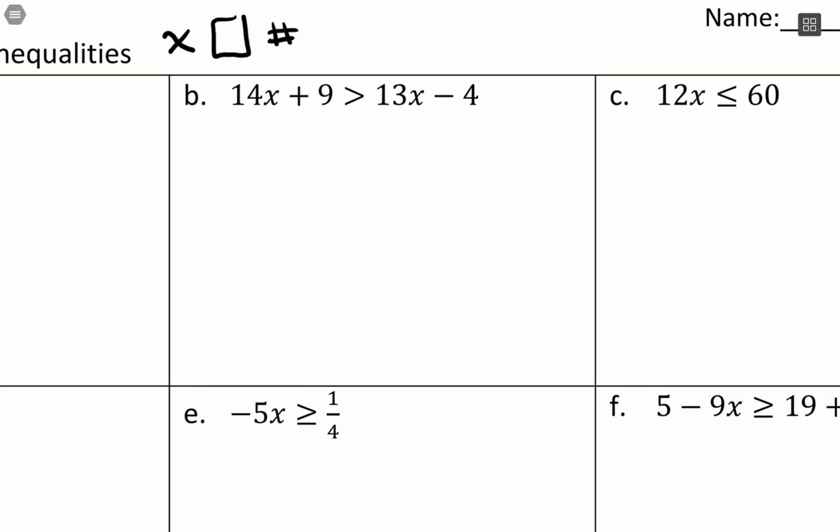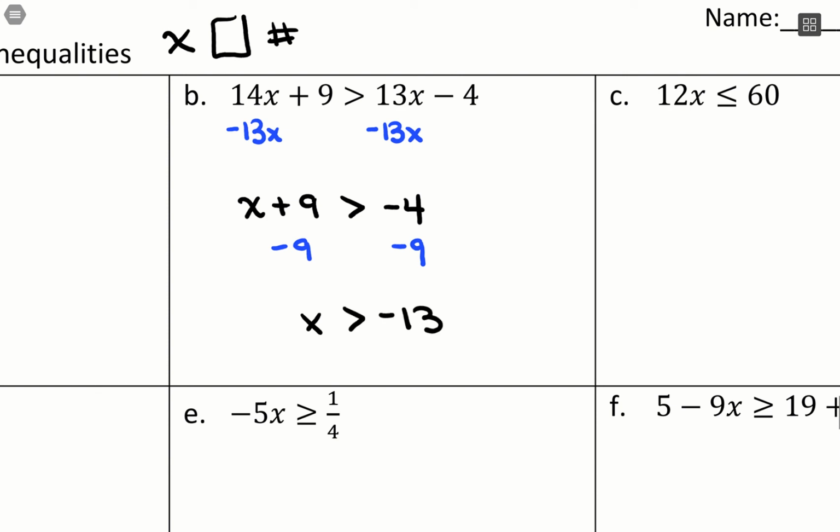With part B, we would move our variables to one side, so subtract 13x from both sides. So that'll leave us with just x plus 9 is more than -4. Then we could subtract 9 from both sides. So x needs to be more than -4 minus 9, which is -13.